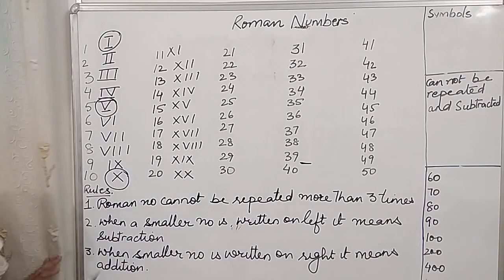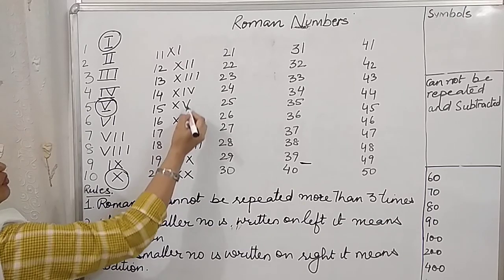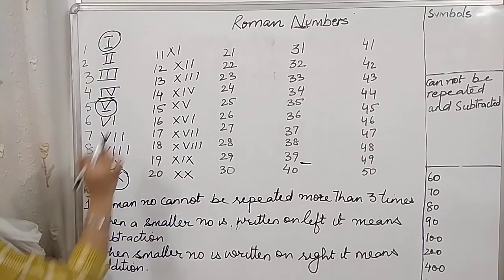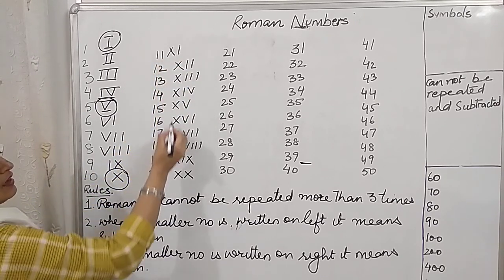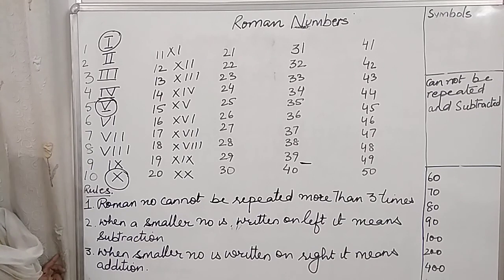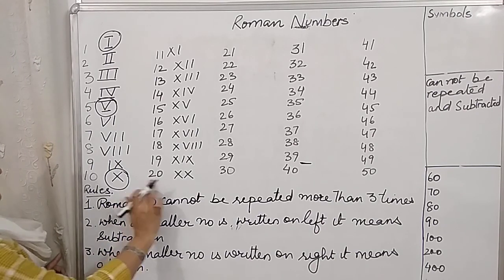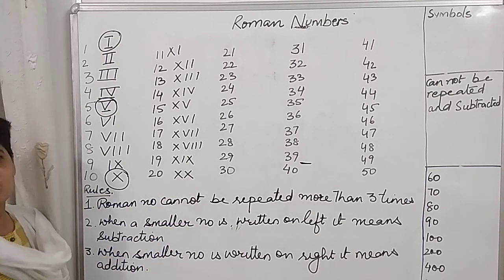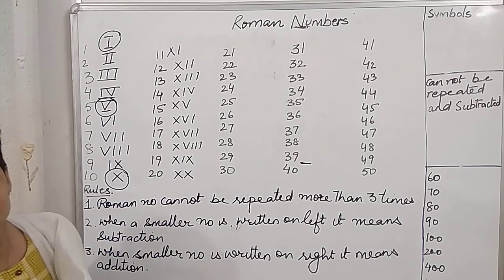Now, if you see, this 1, 2, 3, 4, 5, 6 up to 10, they are the same as the first line. What have we done? We have only put X in front of the complete first line. And in the end, 20 means 10 plus 10. Therefore, XX has been written.